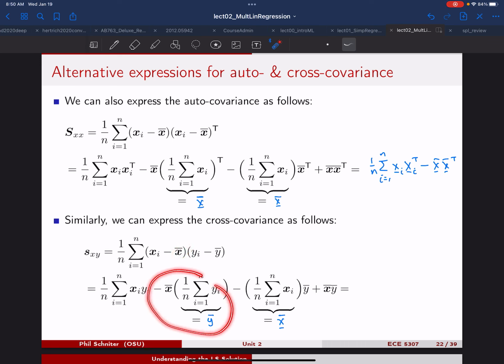And again, the last three terms have the same form, but the first two times it's negative, the last time it's positive. So altogether, we get 1 over n times the sum of i going to n of xi yi minus x bar y bar. Okay, and these expressions will be useful in the next few slides. Okay. Any questions? Good, all right.